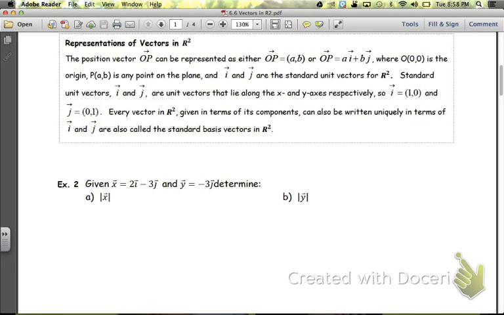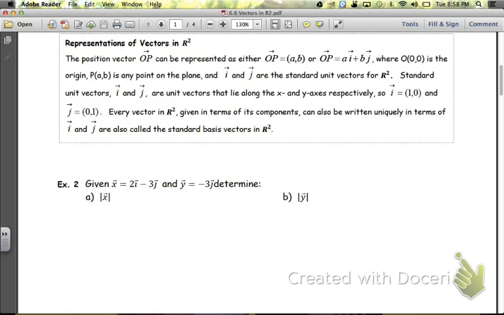When talking about representations of vectors in R2, the position vector OP can be represented as either OP = (a, b) or OP = a times the unit vector i plus b times the unit vector j, where O is just our origin, (0, 0), and P at (a, b) is any point on the plane, and i and j are the standard unit vectors in R2.